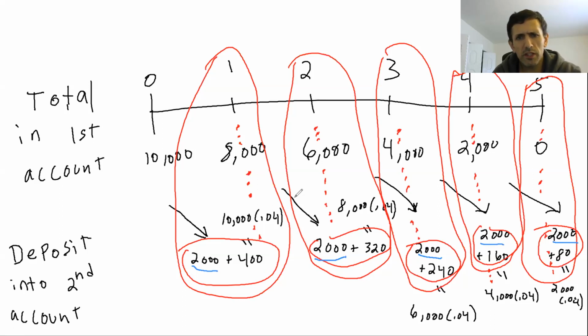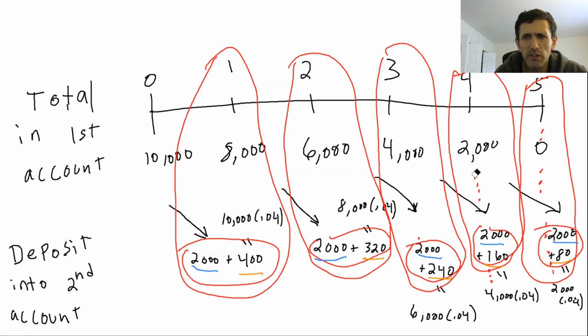That looks too much like the blue, so let me use orange. This is exactly the situation of an annuity, an arithmetically decreasing annuity. N is 5. P is always going to be the last payment.